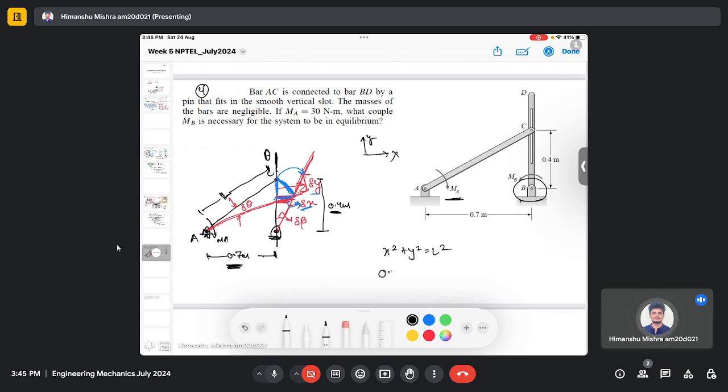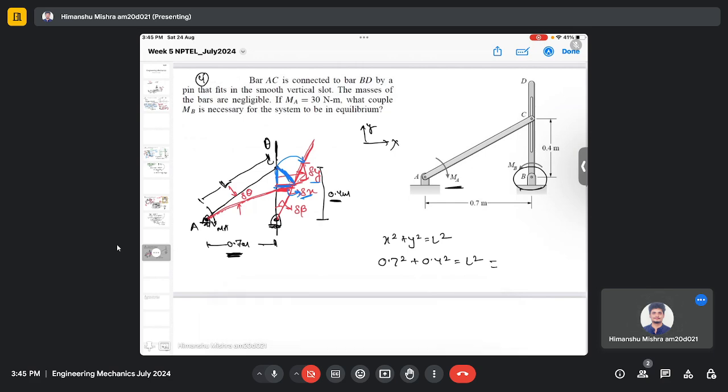So 0.7 square plus 0.4 square equals L square, so here L is 0.806 meter.